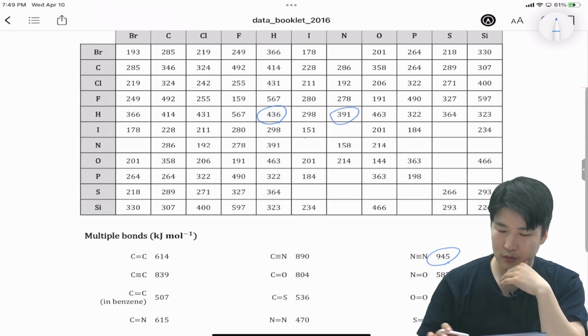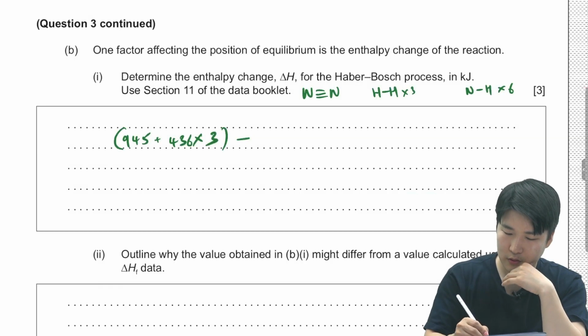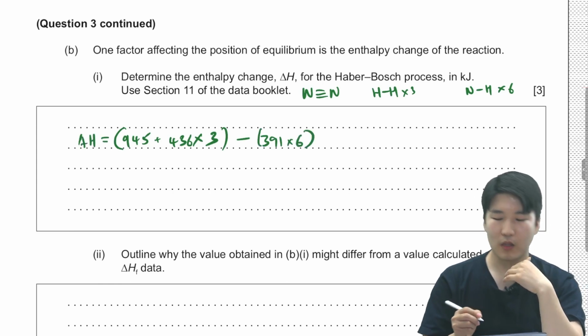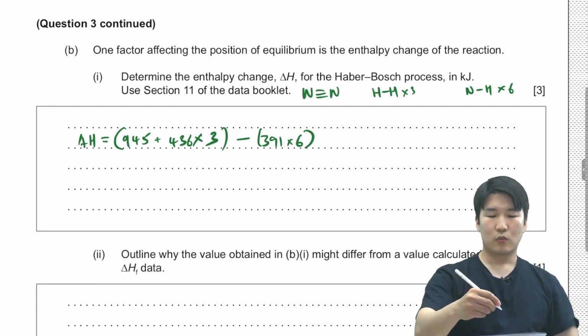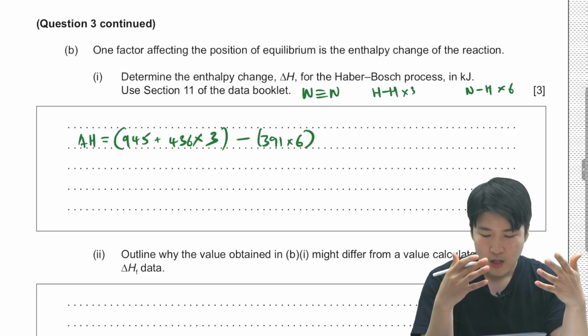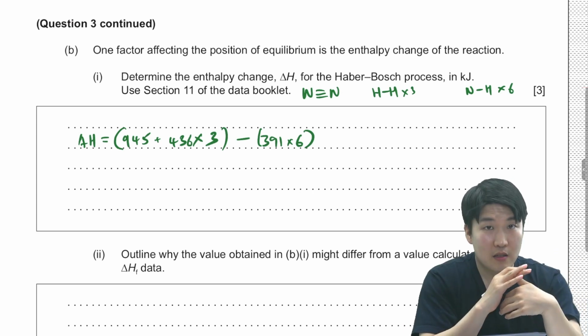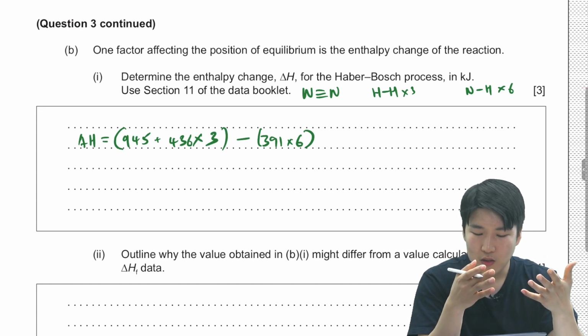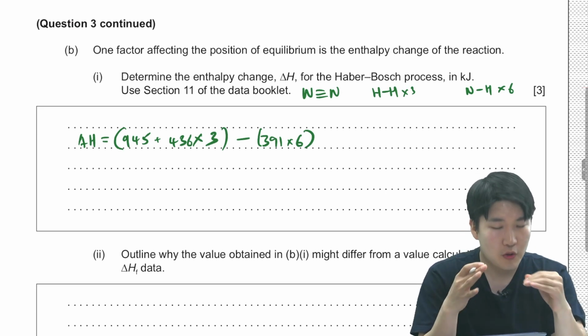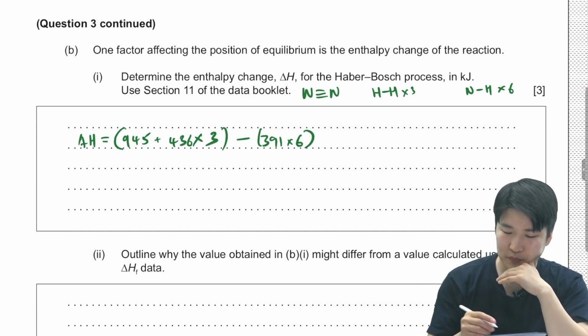391 from the values, because we are inputting energy to break the bond enthalpies of the reactants initially, aren't we? And we'll be releasing energy in the form of negative values when we form new bonds, when we release energy.